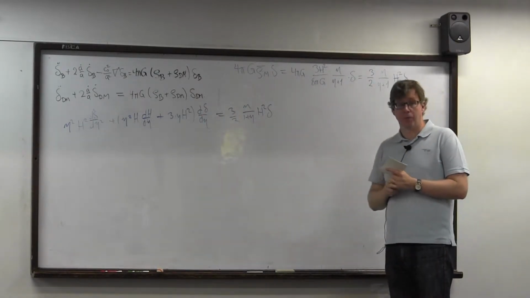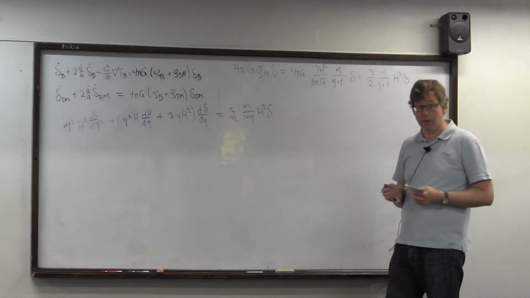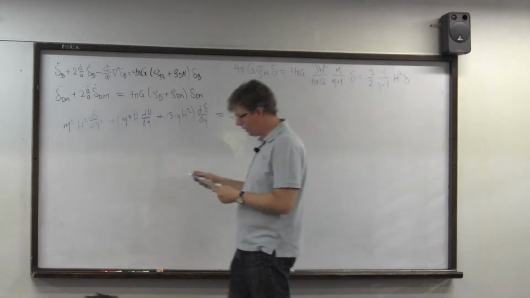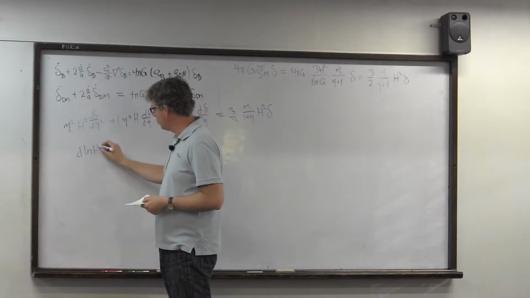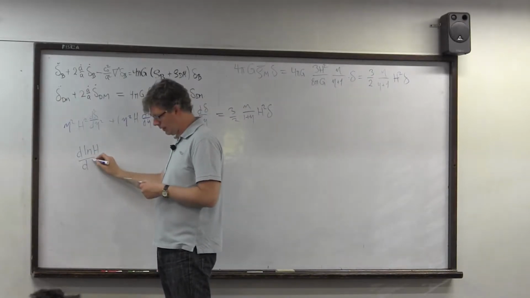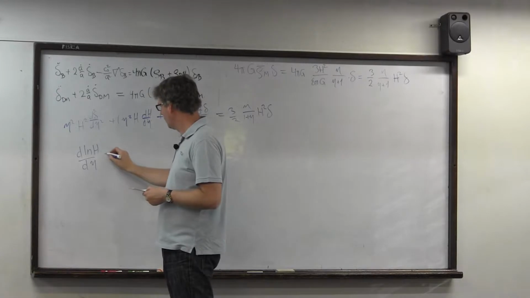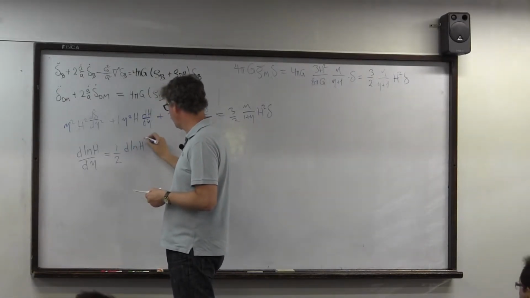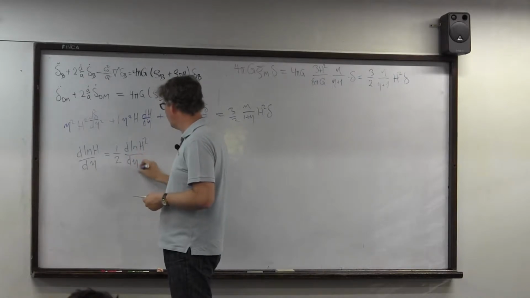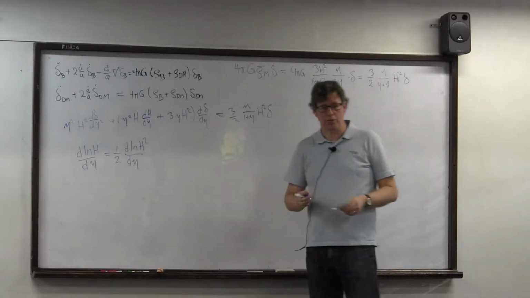And that you can get from the Friedmann equation, just what we did earlier. I said that in a previous one. So the simplest thing is to do d ln H/dη, which is 1/2 d ln H² with respect to η. So this is a very common trick, okay?